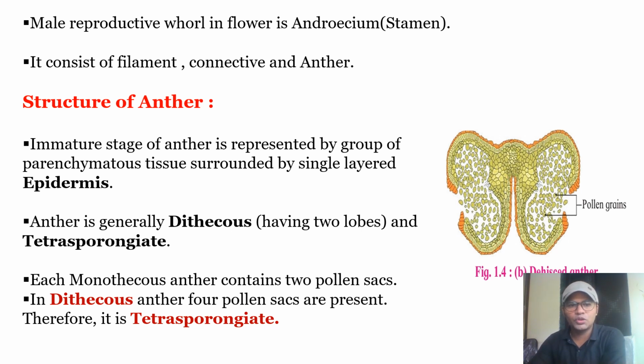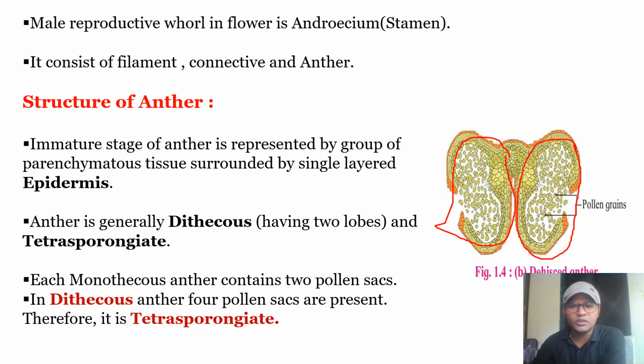Immature anther shows the presence of parenchymatous tissue at the middle or at the center, which is covered with a single layered outermost covering called epidermis. Anther shows either one lobe or two lobes. If it shows two lobes, as shown in the diagram, this is one lobe, this is the second lobe.